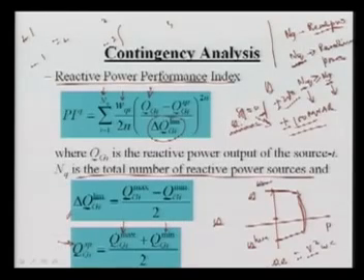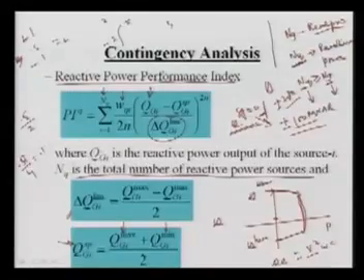For example, let's suppose this is operating at 0.5, and this is also operating at 0.5. The specified value for these will be 0, because if you are adding plus and minus it will be 0. So what we can get here: 0.5 divided by QG, this is your QG, 0.5 divided by 2 for this case, and for here 0.5 divided by 4. Here you are operating at 0.25 and here you are generating 0.125.